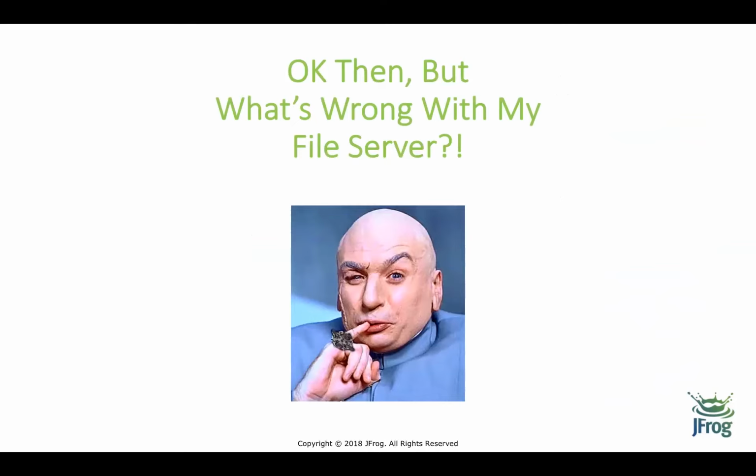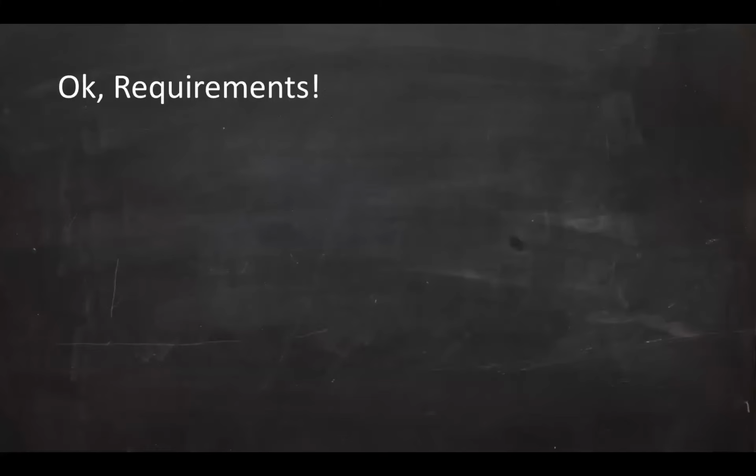Okay, but then let's play devil's advocate. Why can't I just use a regular file system to store your binaries? That's what has been working for some organizations in the past. So what's wrong with just using file systems for binary storage? Okay, let's explore that thought for a minute. First, let's come up with a set of requirements for managing those binaries.